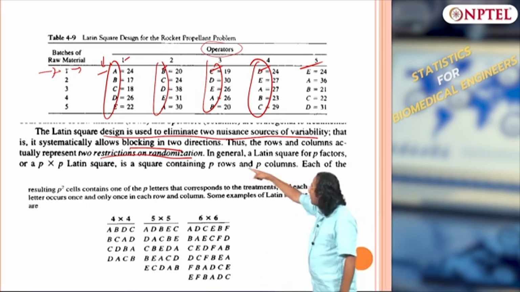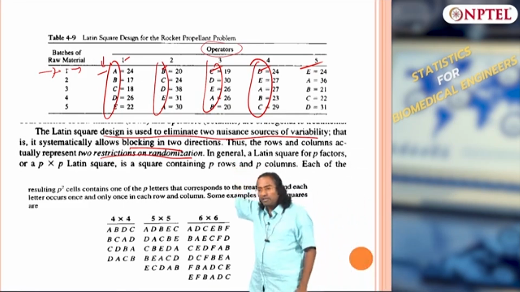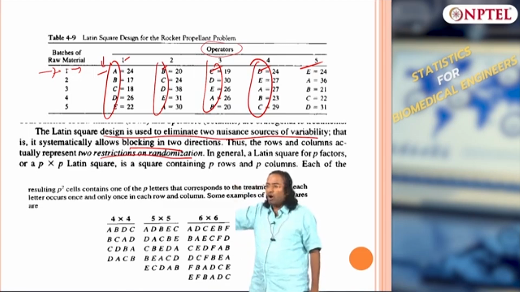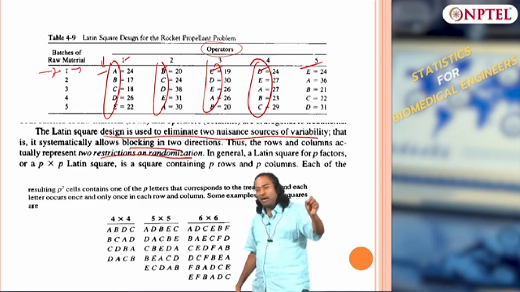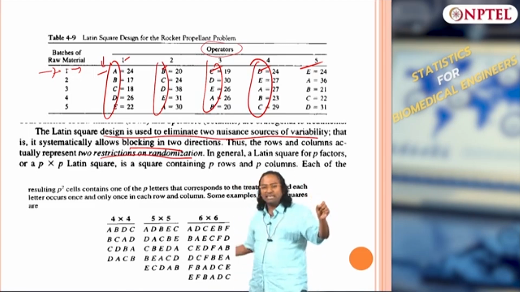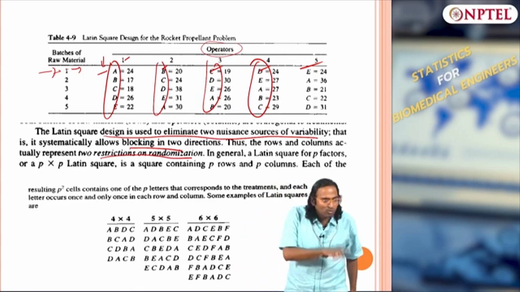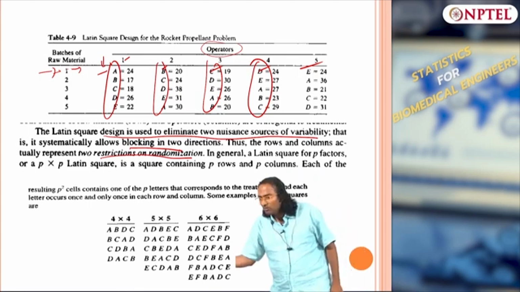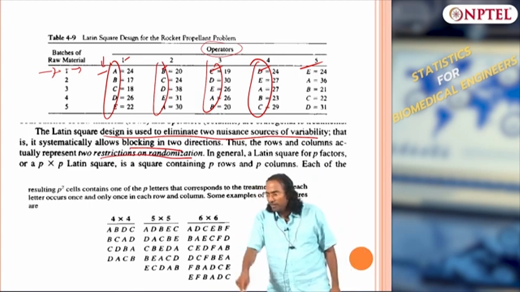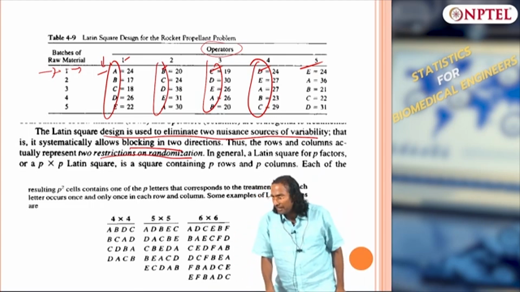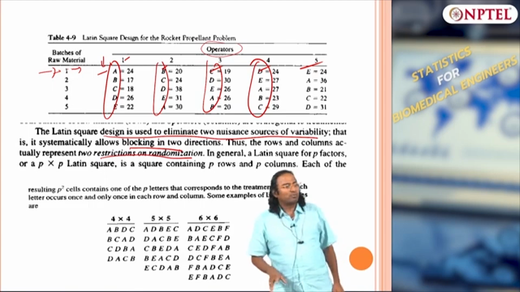Similarly, the operator is exposed to all treatments A, B, C, D, E, and the raw material is also exposed to all treatment levels. So raw material 1 has treatments A, B, C, D, E. Only then can you say that the effect is not due to raw material or operator, it is truly because of treatment A. That is what we want to prove.